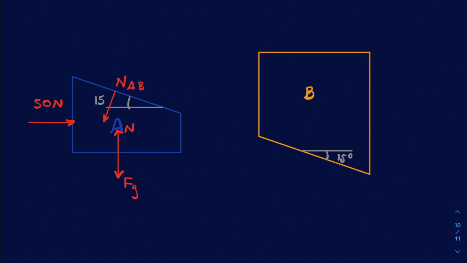Now, since block A is going to be accelerating in this direction, there's going to be a force of friction acting in the opposite direction on the horizontal surface. So we'll call this FA. Now, remember that blocks A and B are rubbing against each other.